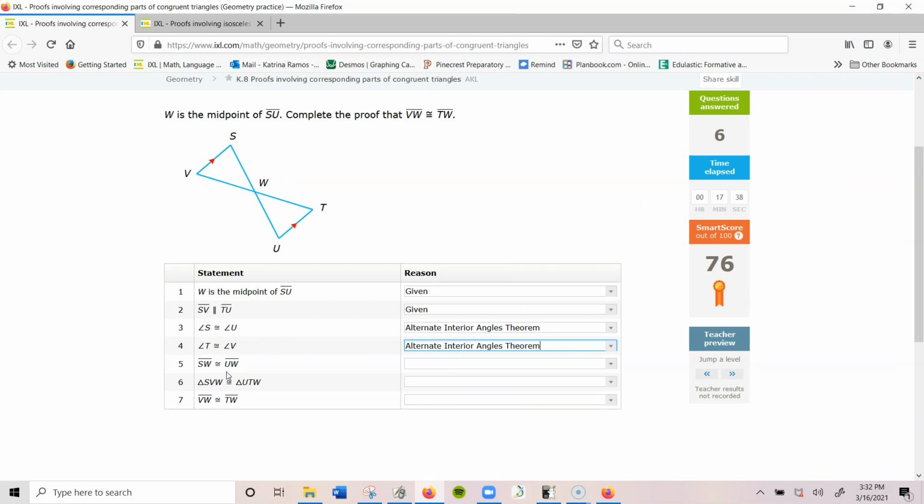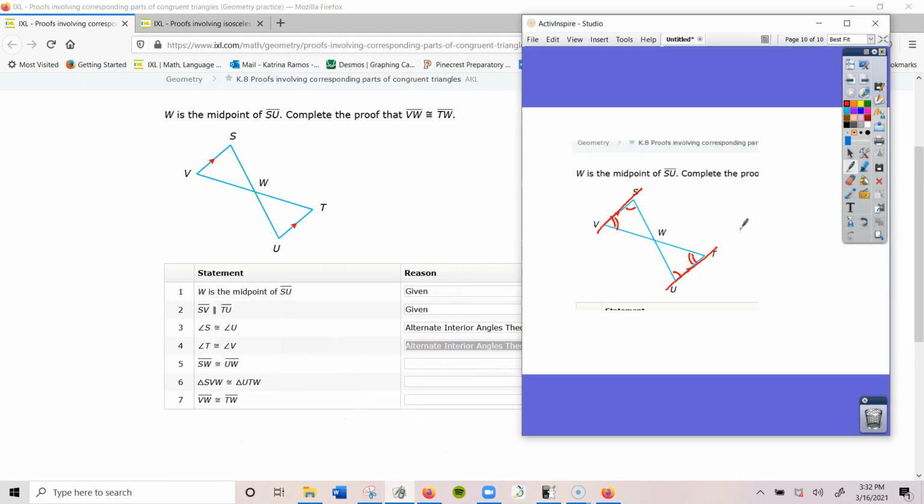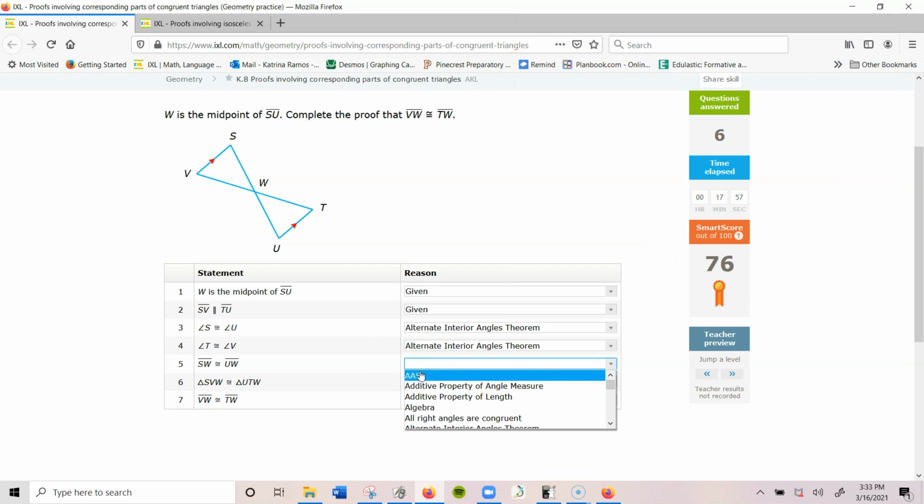SW is congruent to UW, and this is because we were told that W is the midpoint. So a midpoint by definition cuts your segment in half.